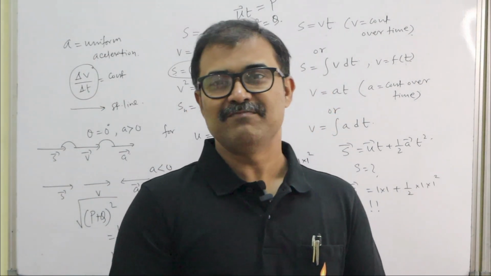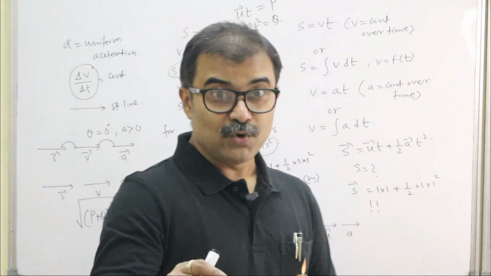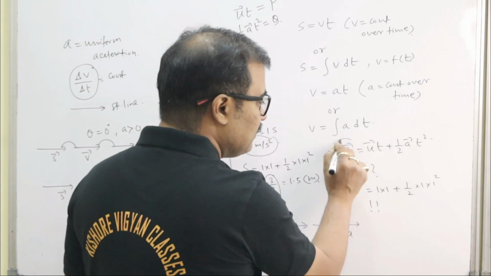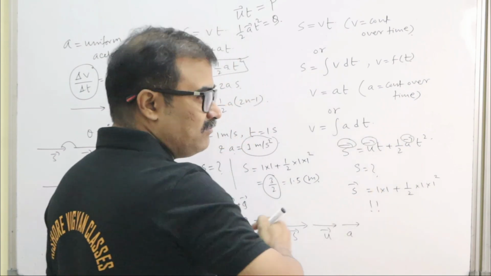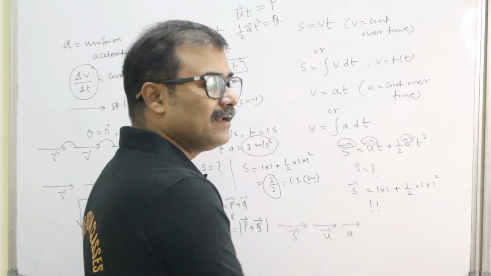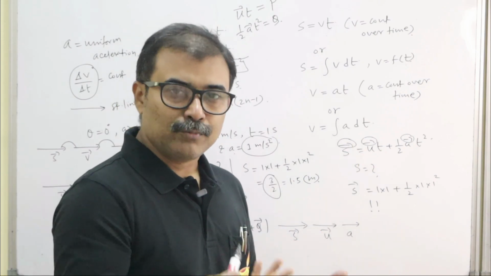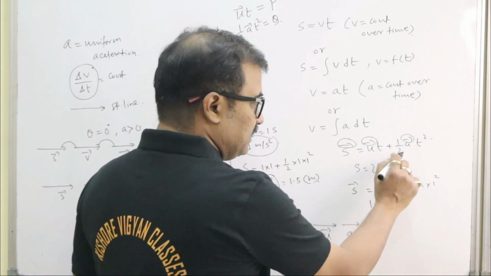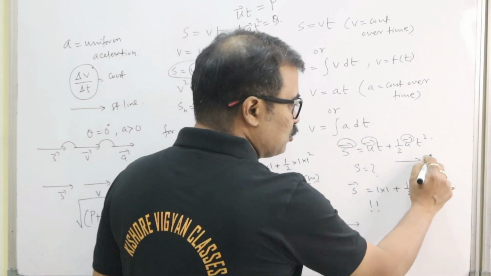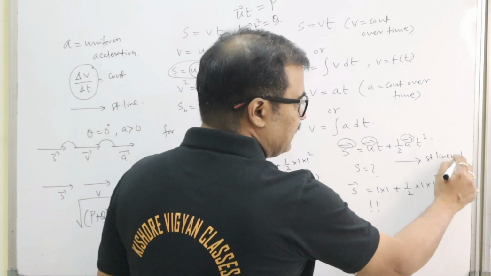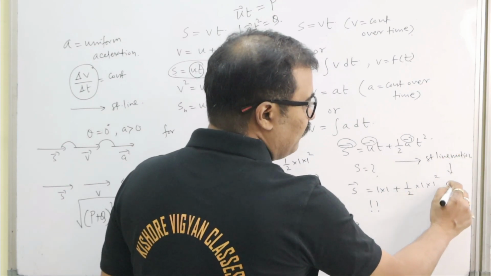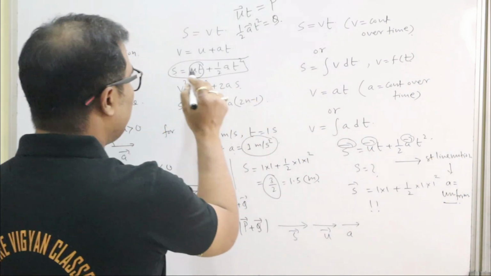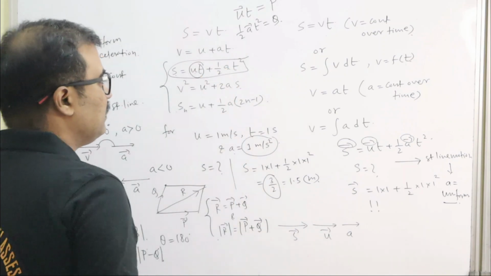The angle between them theta is 0 degree. So we can use this equation without the vector sign. That means if they are in a straight line, the vector sign hardly matters. You can put it on or off, nothing really matters. So only for straight line motion, and that's why A becomes uniform, then only you can use all these equations.